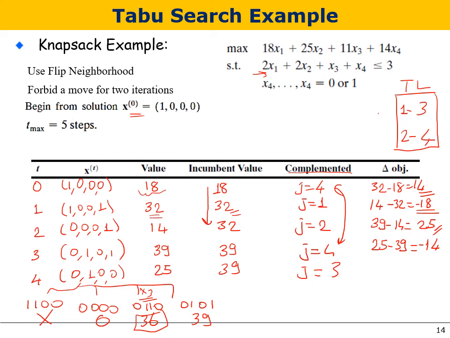And what happens to our objective function? So from 39, our previous solution was 25. So the improvement value is 11. So in this delta objective, we are finding this delta obj by the objective function value in iteration k plus 1 minus iteration k.